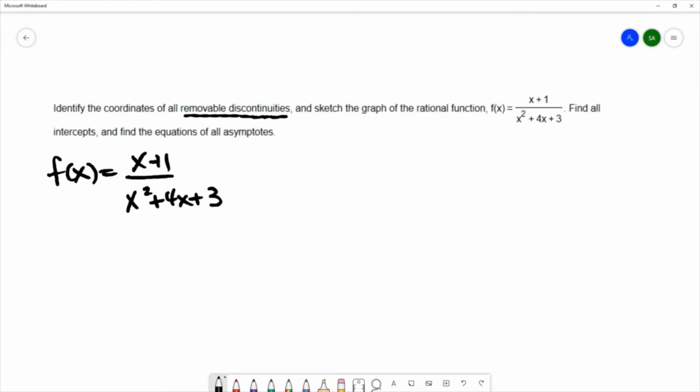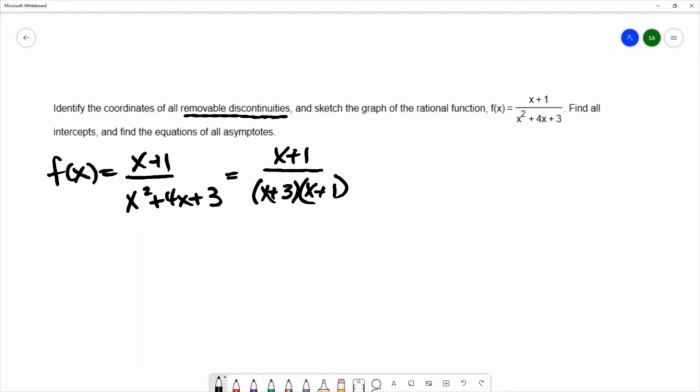So I want to factor the numerator. The numerator is already factored, and factor the denominator. The denominator does factor into x and x, 3 and 1, and I'd have a plus on both of them.